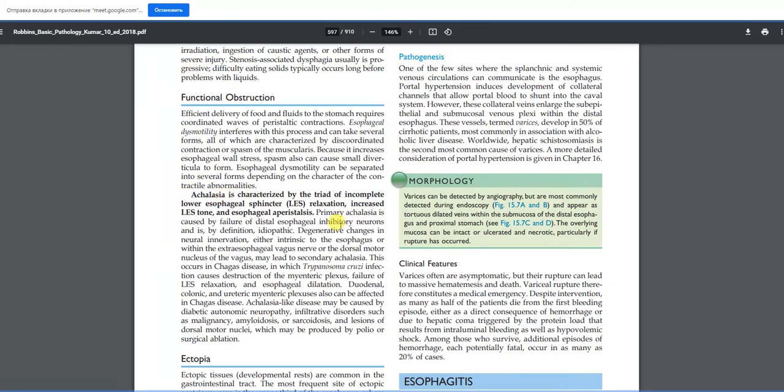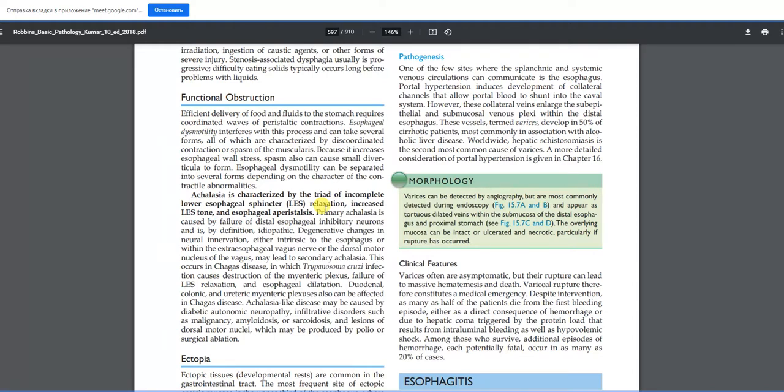So achalasia is incomplete lower esophageal sphincter relaxation. It is a spasm of the lower esophageal sphincter, and I remind you, the lower esophageal sphincter is the portion which connects the esophagus to the stomach, and it causes increased lower esophageal sphincter tone and impaired esophageal peristalsis. So then no proper transmission of food happens.